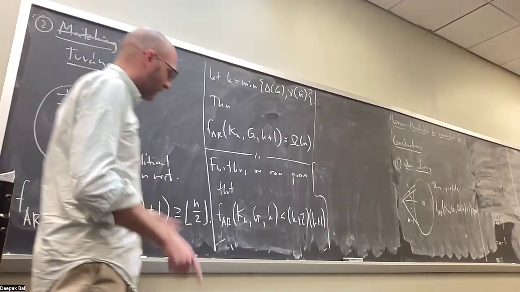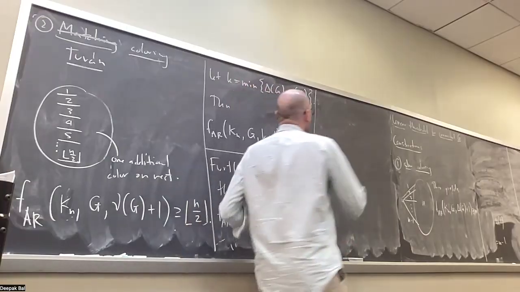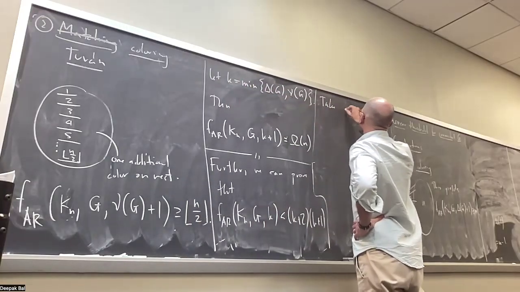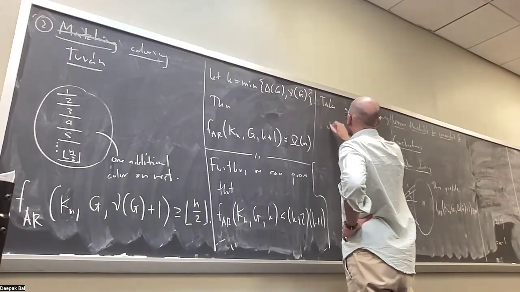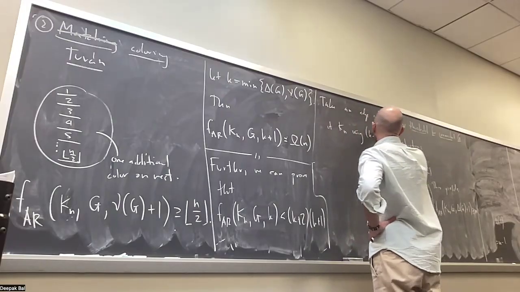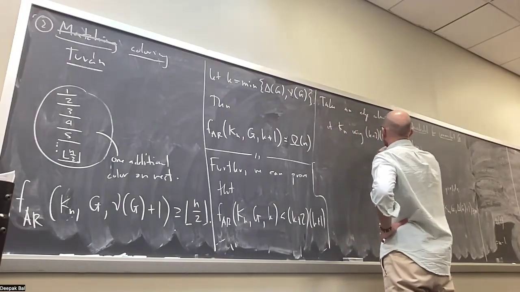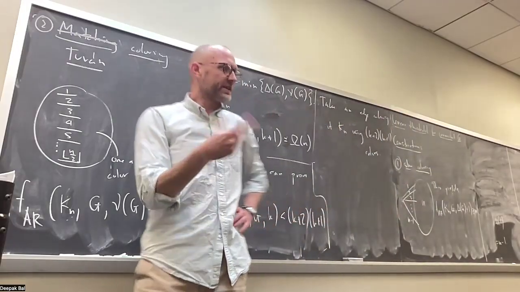Okay. So again, what do we want to do? We want to take an edge coloring of Kn with this many colors, right? And then we're going to take a representation.